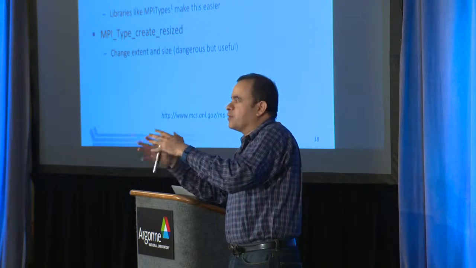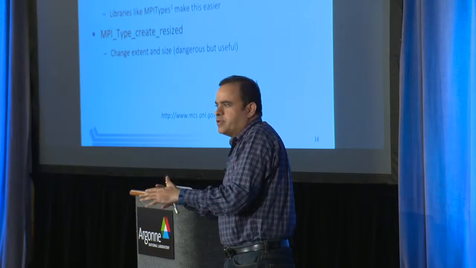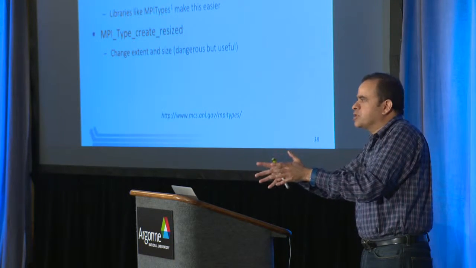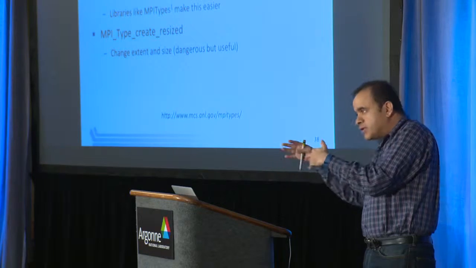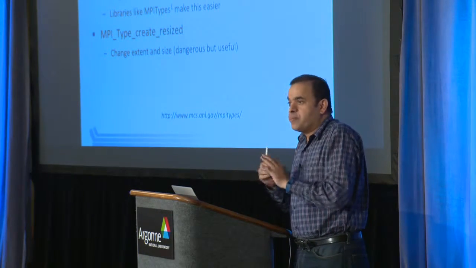So you can effectively get the whole data type that the user created. The user typically doesn't need it himself or herself. The libraries might need it. For example, the implementation of MPI IO needs it if it's separate from the MPI implementation. So it's good to know that it exists.